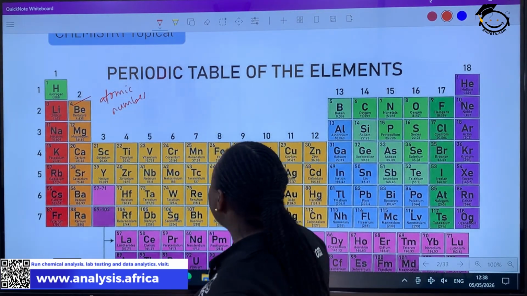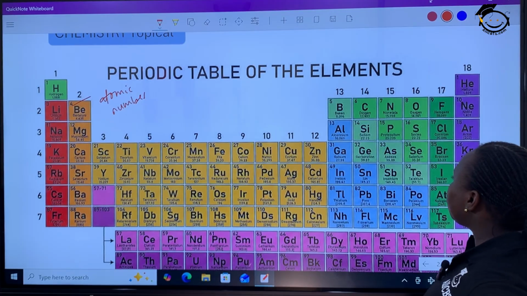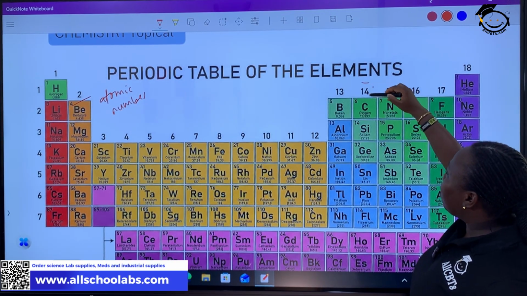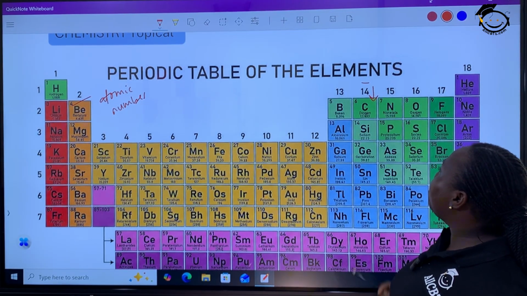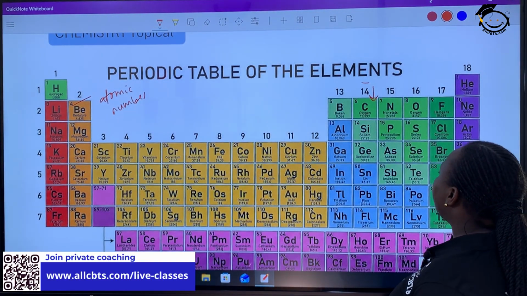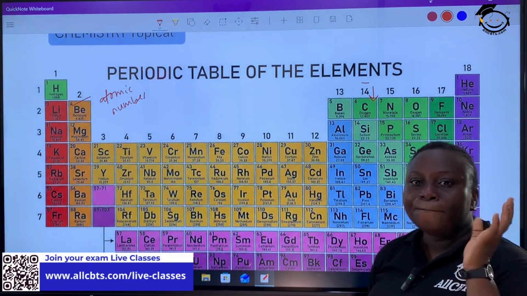But if you are going down, let us look at this from here. Let's look at group 14 now. If you are going down, oxygen, carbon. Now this carbon is a very good example of a non-metal. Silicon is a metalloid.